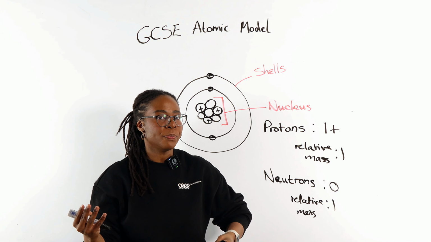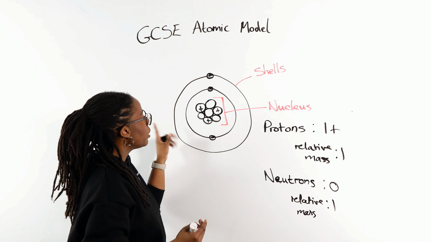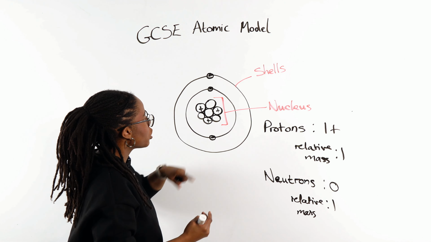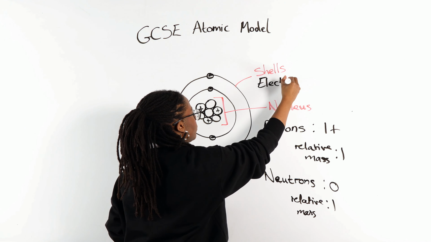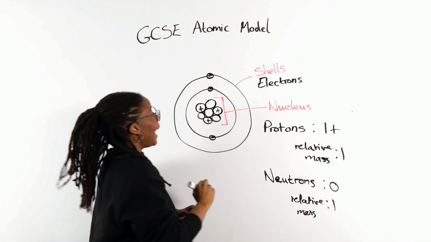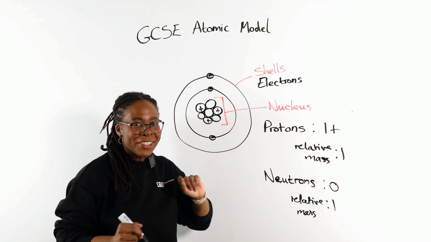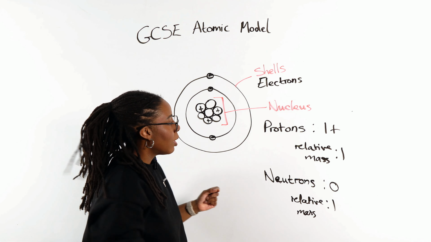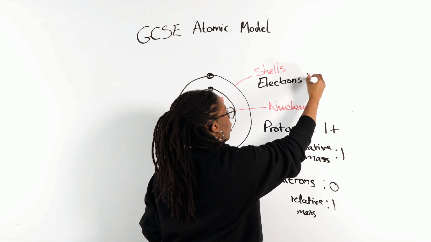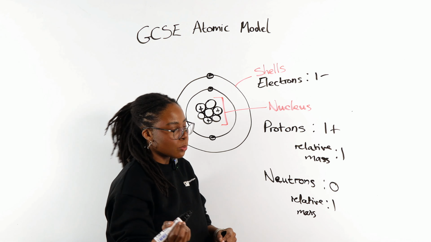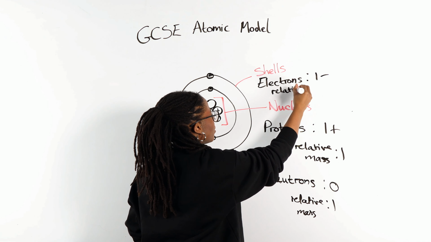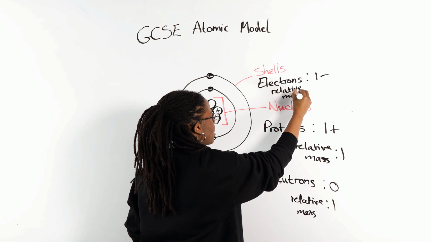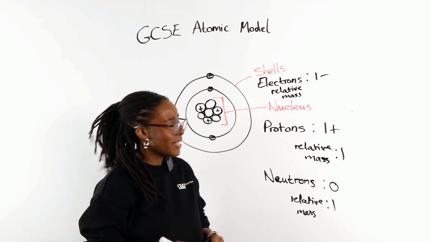Okay, so protons and neutrons have the same mass, and that's why the nucleus makes up all of the mass of an atom. Now, outside of the nucleus, so surrounding it in what we call shells, that's where we have our electrons. Electrons, you can't quite see because of how they're drawn here, but they have a negative charge. So specifically, we say that they have a charge of 1- or -1. And for their relative mass, electrons are barely particles. They're kind of clouds and particles at the same time.